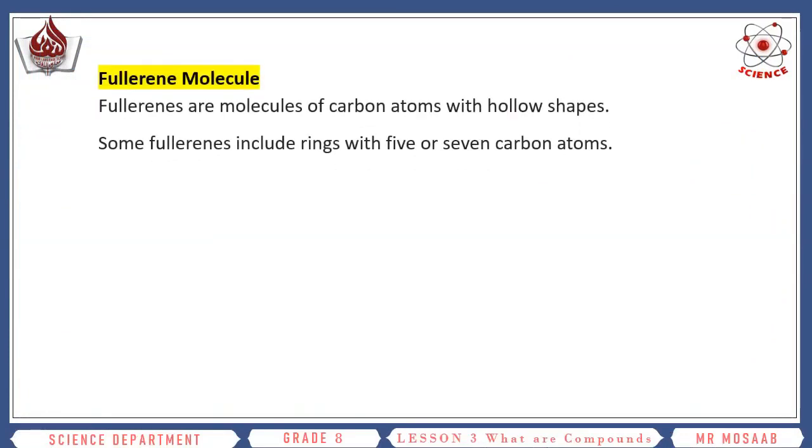Fullerene molecules are molecules of carbon atoms with hollow shapes. Hollow shapes mean there is nothing inside. Some fullerenes include rings with only 5 or 7 carbon atoms.